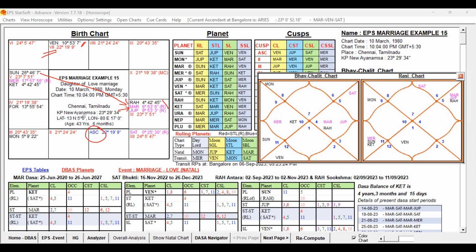You can see that Sun is 11th lord occupying the 5th house, and Mercury is 9th lord and 12th lord occupying the 4th house as per degree, and Ketu is also conjoined with it.